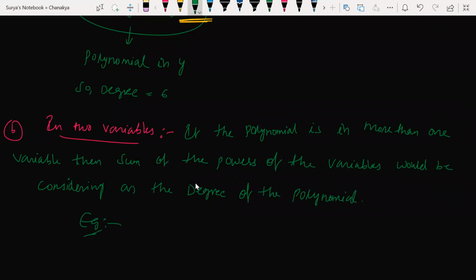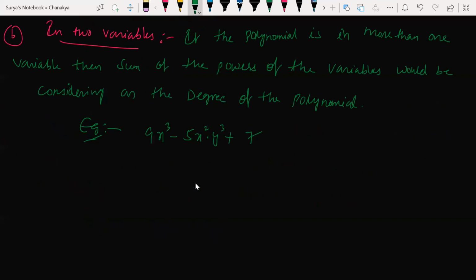For suppose you have, let's say, 9x cube minus 5y square, plus 5x square into y cube plus 7. Now tell me, this is a polynomial in how many variables? This is a polynomial in two variables.